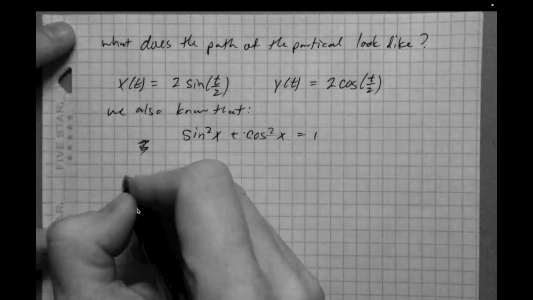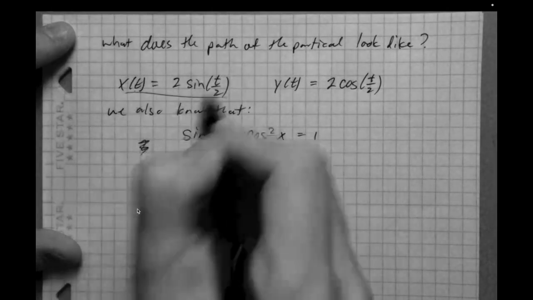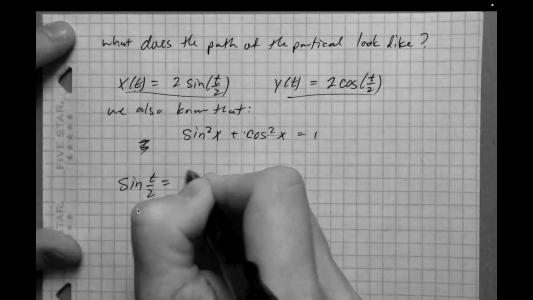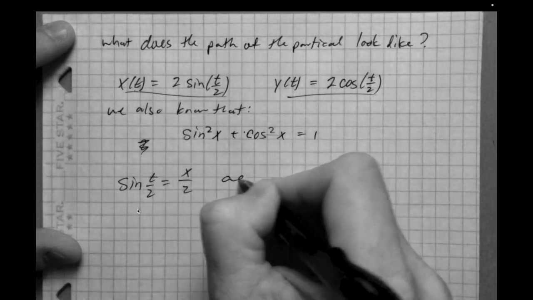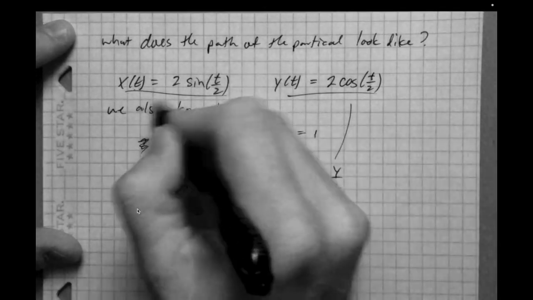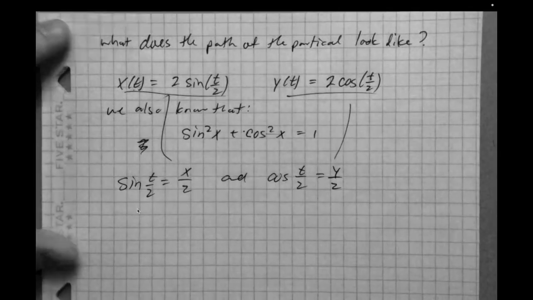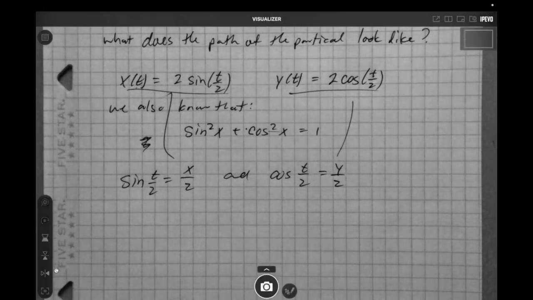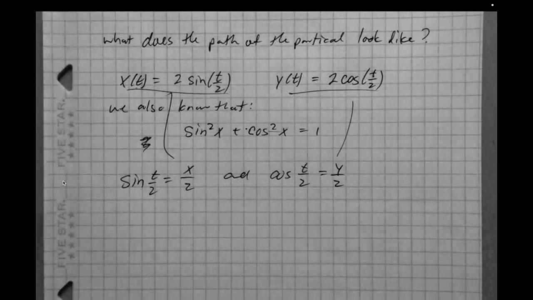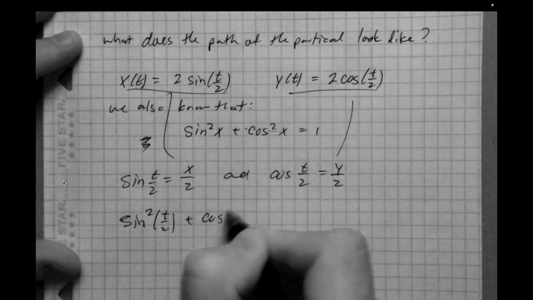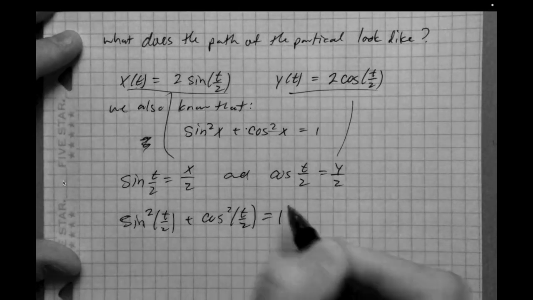So what we can do is say sine of t over 2 is equal to x over 2, and cosine of t over 2 is equal to y over 2, just dividing both sides by 2. Given that, we know that sine squared of t over 2 plus cos squared t over 2 equals 1.